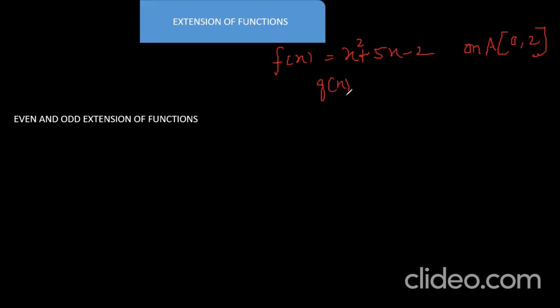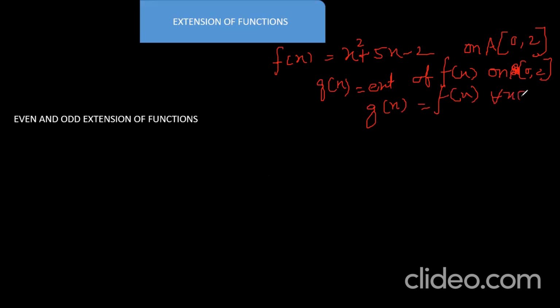Let me take g of x as the extension of f of x on 0 comma 2. So how do we define it? g of x is equal to f of x for all x belongs to A.